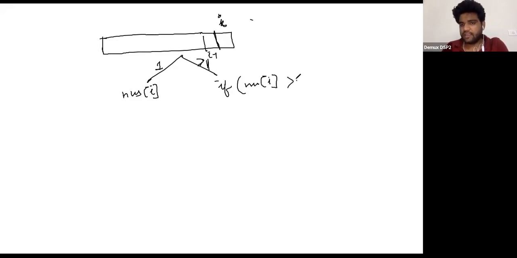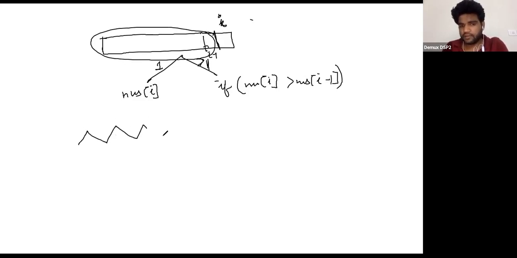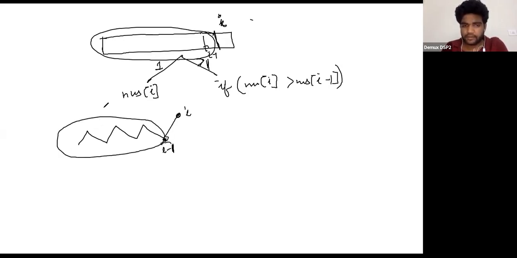If nums of i is greater than nums of i minus 1, then what does that mean? That means whatever the longest turbulent subarray that you got till i minus 1, which at i minus 1 decreased, you have to extend that and include the i, right? Let's call this TS1. So then you will have TS1 plus nums of i.